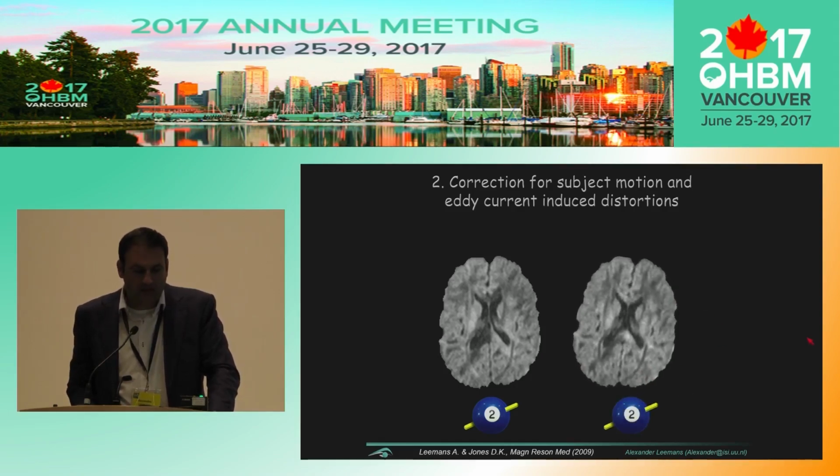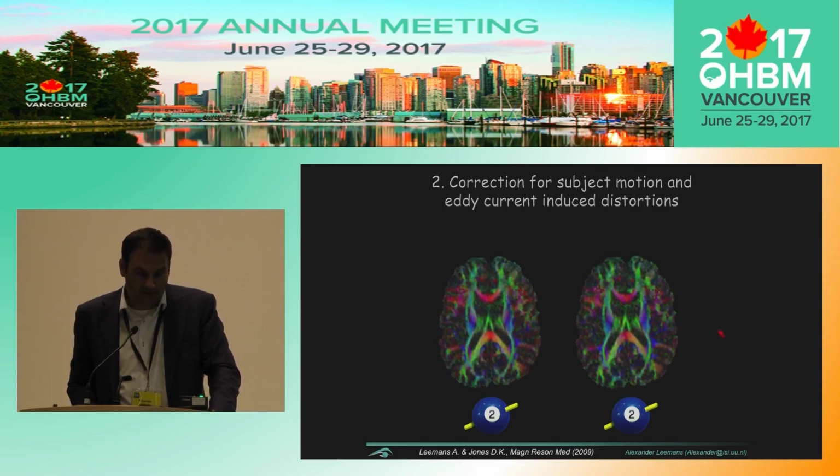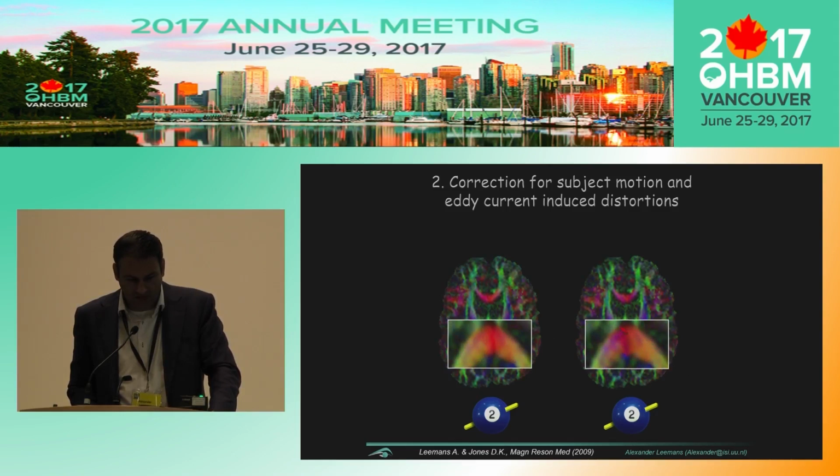If you then naively use registration like in fMRI, you can appreciate that the contrast is now different. So if you estimate your diffusion properties, you'll get something like this, and here you can clearly see some dodgy estimates in the splenium of the corpus callosum.